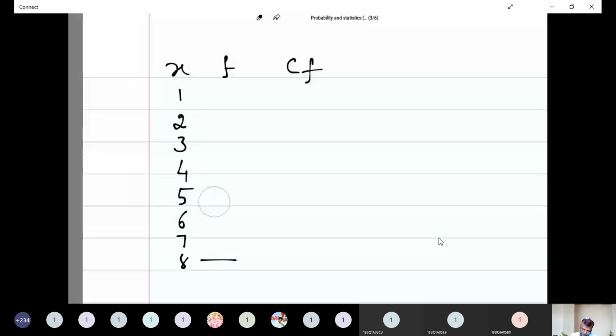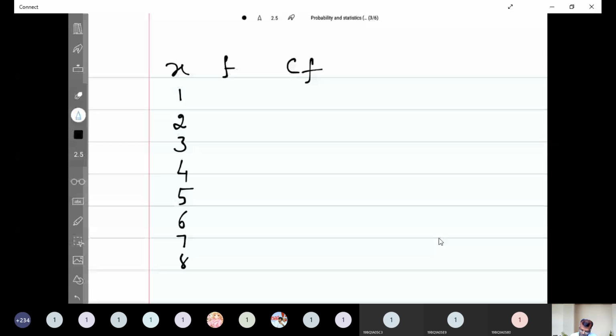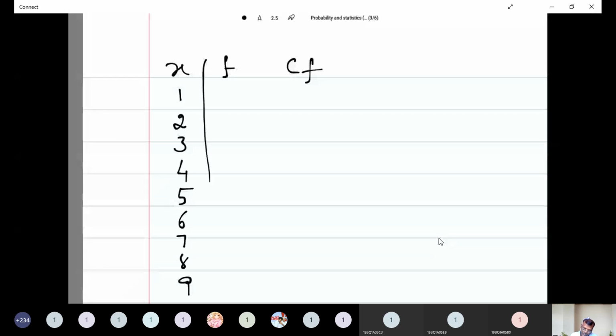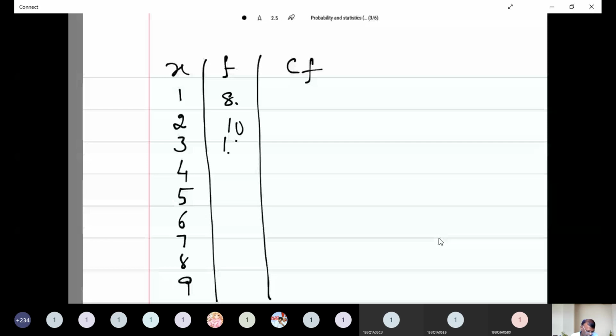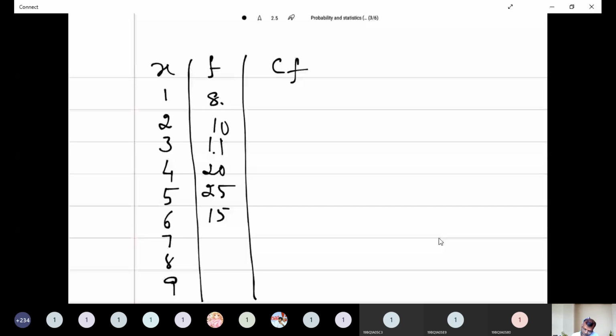Once again I can write this. Okay, the frequencies are 8, 10, 11, then 20, 25, then 15, 9 and 6.